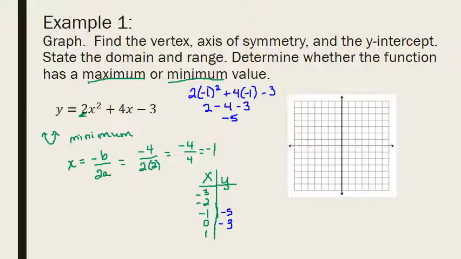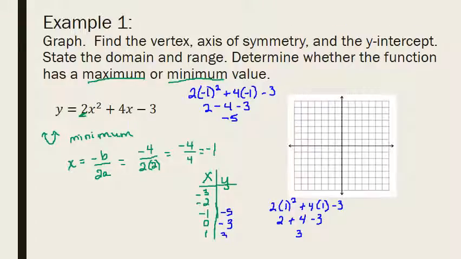So we've got 2 times 1 squared plus 4 times 1 minus 3. So that gives us 1 squared is 1 times 2 plus 4 minus 3. So 2 plus 4 gives me 6. 6 minus 3 is 3.